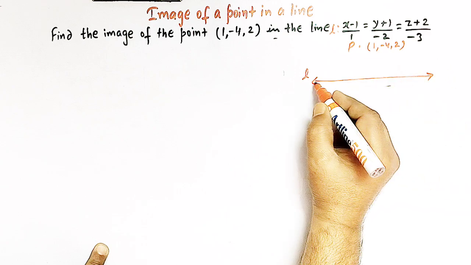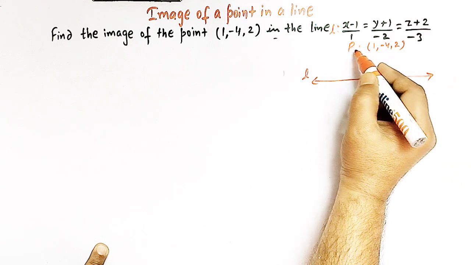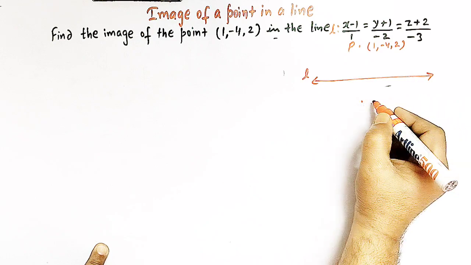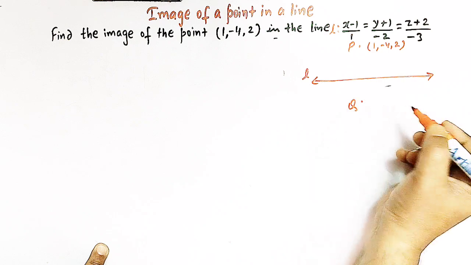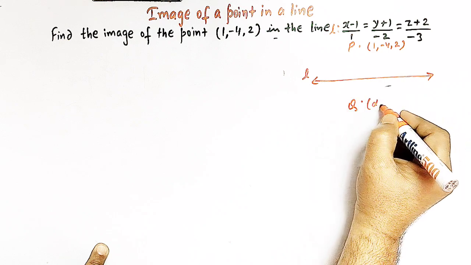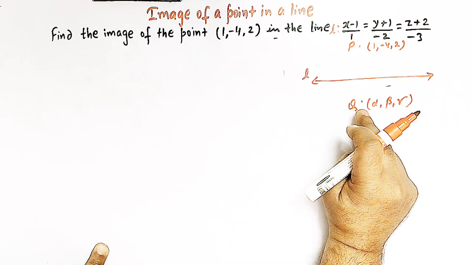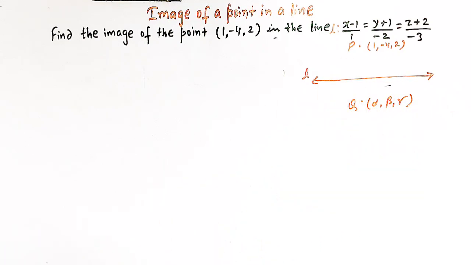So now if this line is taken as a mirror, then the image of this point P lies over here, and here let us take the image as the point Q, and let us take alpha, beta and gamma as the coordinates of the image of this point P, right?